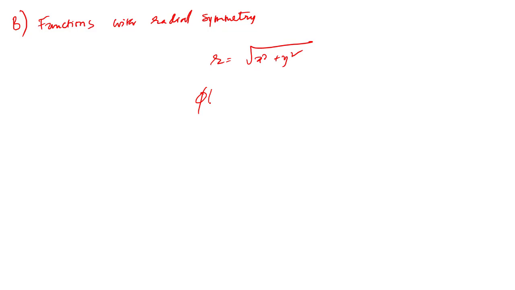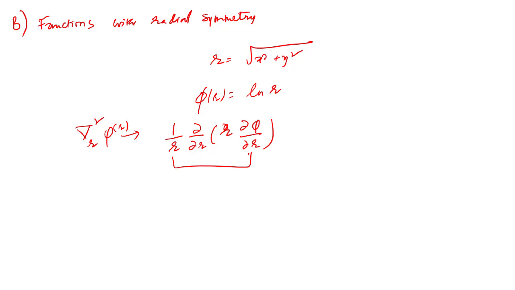And you take a function phi of r equal to ln r, then this is harmonic. In spherical polar coordinates, the r component of del square would be something like 1 over r times dou by dou r of r times dou phi by dou r, for a function phi purely dependent on r. This would be the Laplacian operator in spherical polar coordinates.